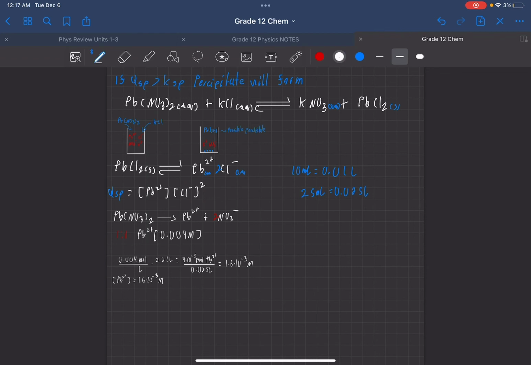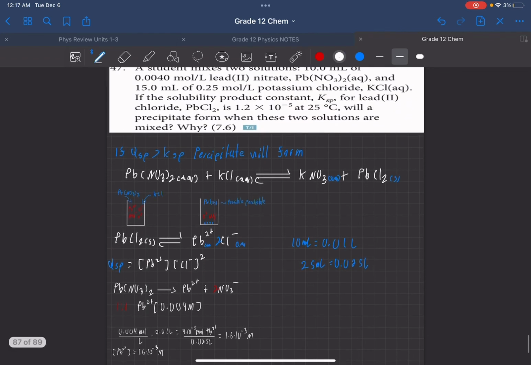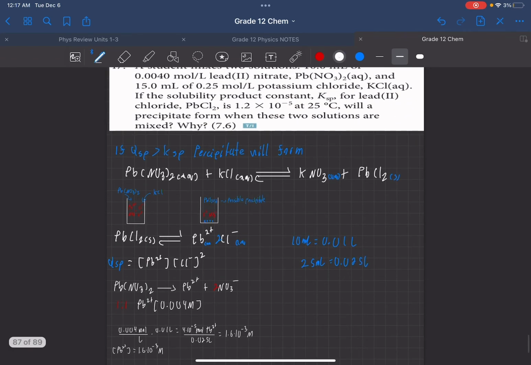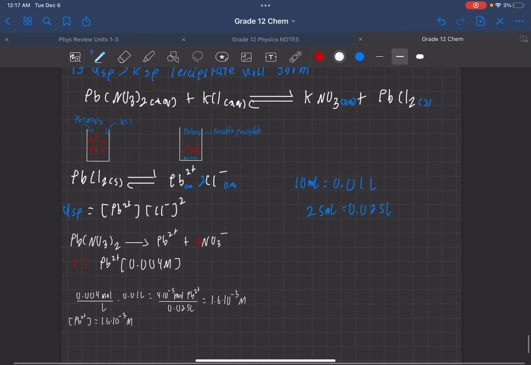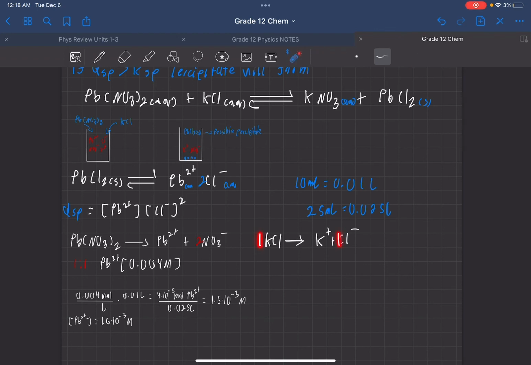Okay, so I made this a little smaller, so now we can solve for the concentration of our chloride ions. We essentially do the exact same thing, except now we're using the KCl, right? So our KCl turns into potassium and chloride ions, and these both have a coefficient of 1. So we also know that this is a 1-to-1 ratio.